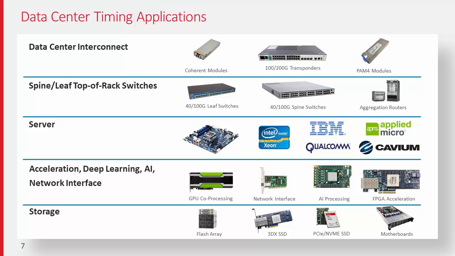And in Gen 4, other than the common clock architecture where the same reference clock source is used at each end of the PCIe link, there is an introduction of separate reference clock architecture where a different clock source is used at each end of the PCIe link. So when different clock sources are used, less jitter in the reference clock will ensure no broken communication between the PCIe endpoints that are communicating with each other.